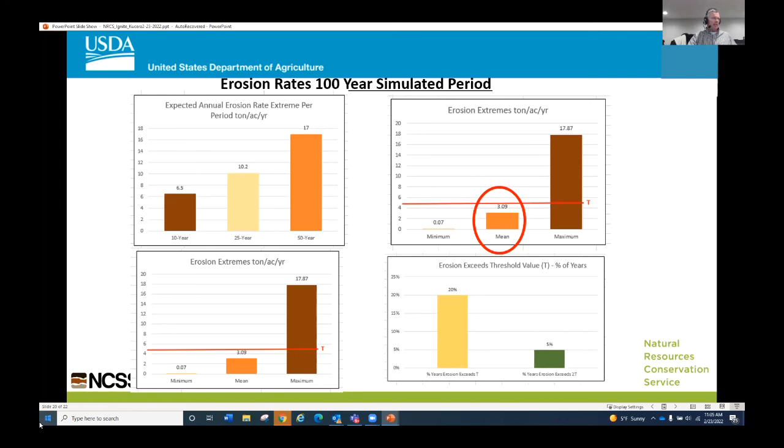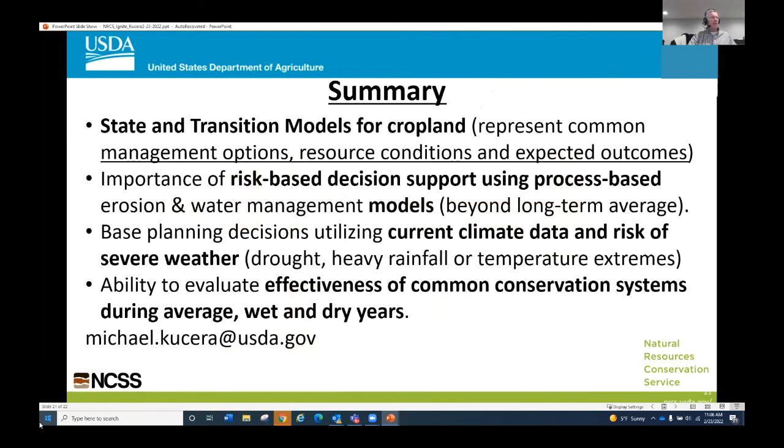Is that acceptable to a farmer? Probably not. And then you can get the maximum and minimum erosion rates over that 100-year prediction period. Also, you can see, again, not only erosion extremes, but how often we exceed that T threshold and what percentage of years. So a lot of power and information to see how effective our planning and systems are.